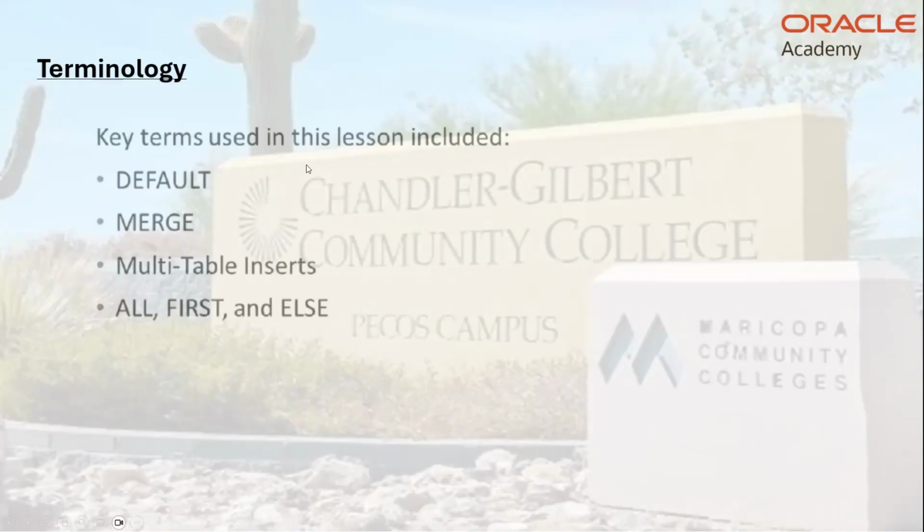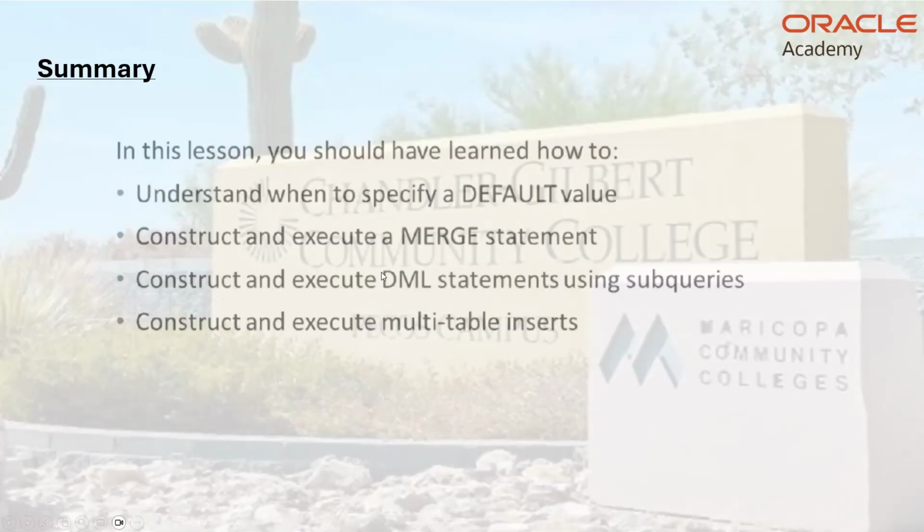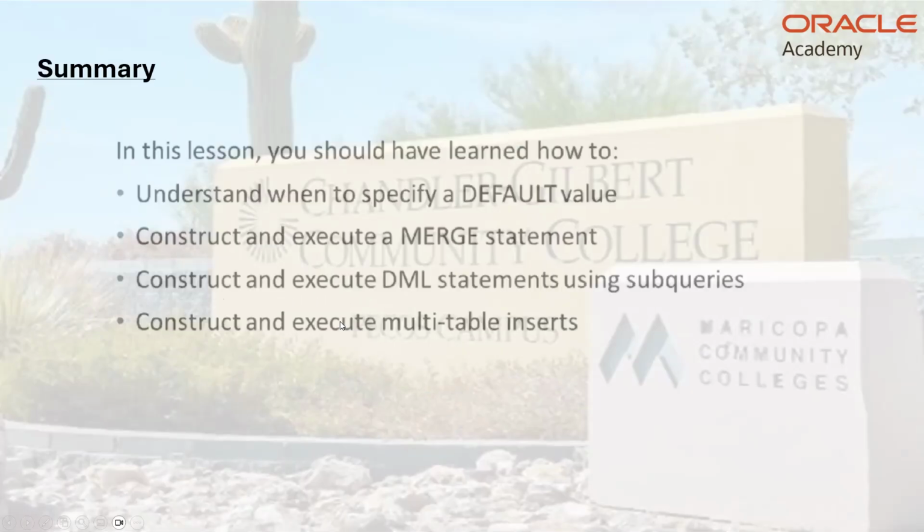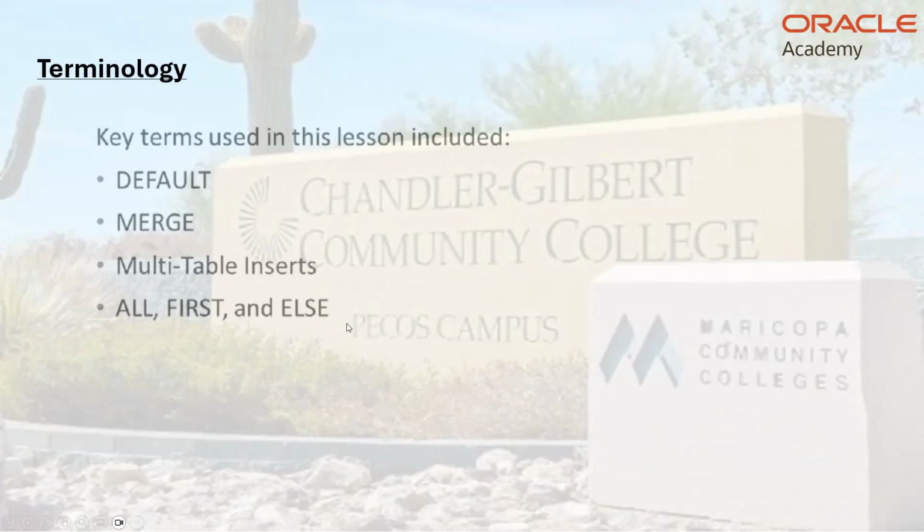So I would suggest, if that was very confusing and I buzzed right through that, because we have one more. I think we have one more. So default, merge, and multi-table inserts: ALL, FIRST, and ELSE. Oh, we don't. But since I really flew through that, I do have a video on multi-table inserts, so take a look at it.